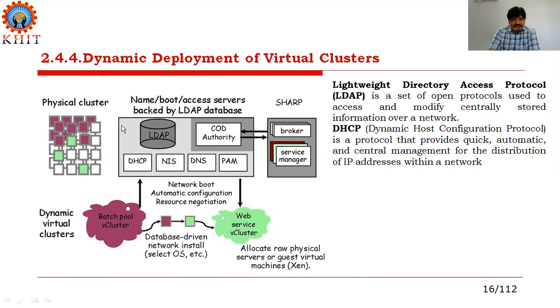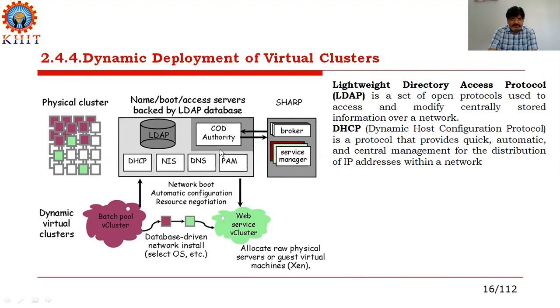And here, this is a database. The database is called an LDAP database, meaning Lightweight Directory Access Protocol database. This is a set of open protocols used to access and modify centrally stored information over the network.